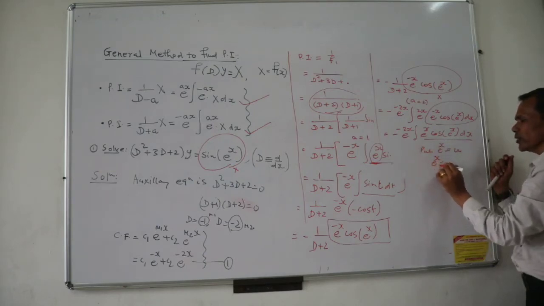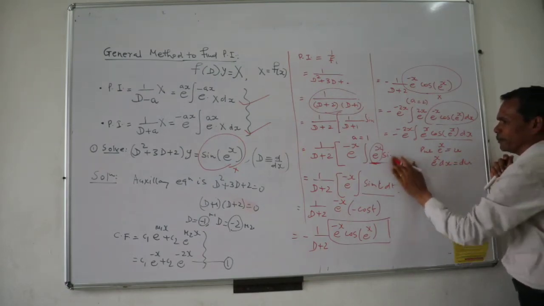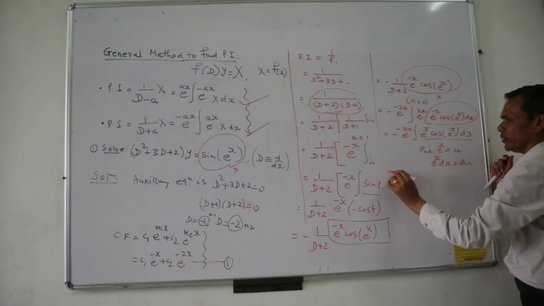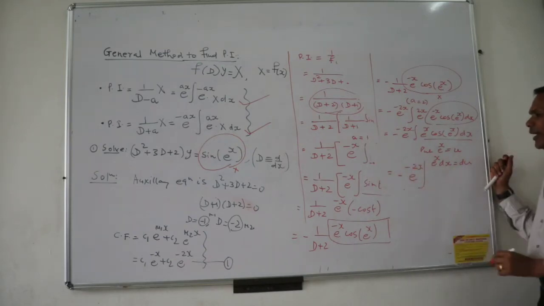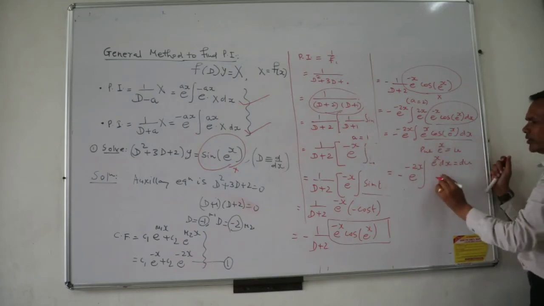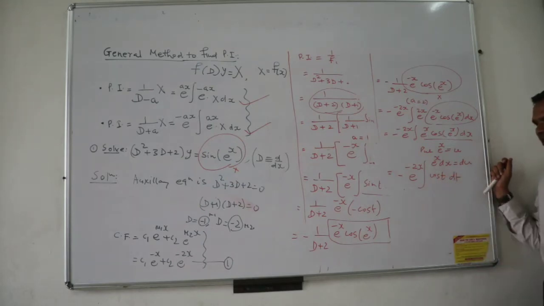So e raised to x dx is equal to du. So this would be something like this. It is minus e raised to minus 2x, and here e raised to x dx, because t is already used, so cos t dt I am getting there with the minus sign.